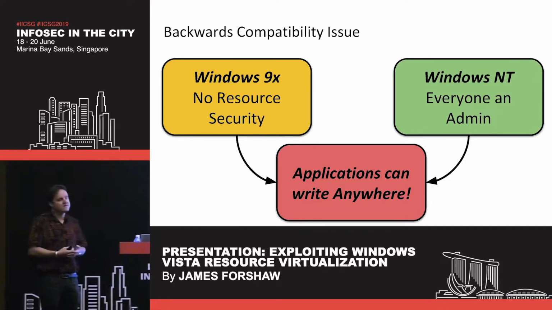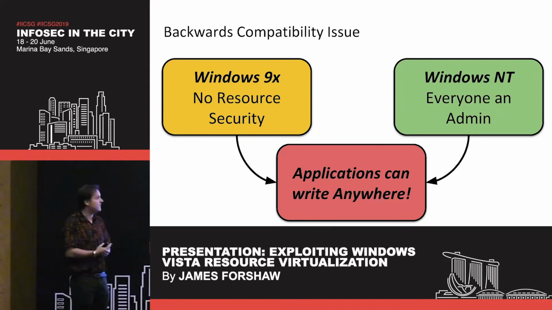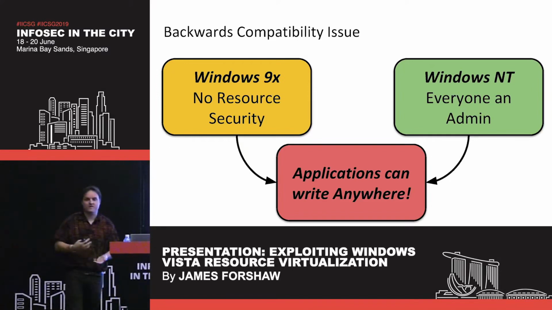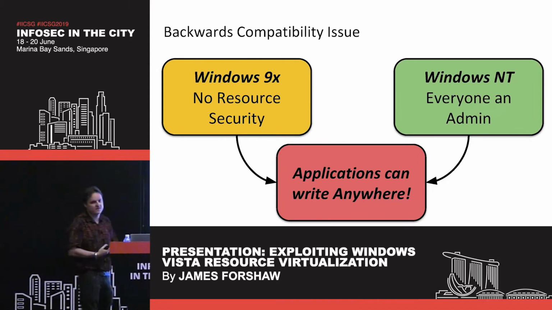The trouble was, certainly when it was deployed for consumer usage, so Windows XP and onwards, everyone was an administrator. So the first account you installed when you set up your copy of Windows was always an administrator. And effectively, that's no different from the 9X scenario. You effectively have no resource security because pretty much every resource is accessible to an administrator.